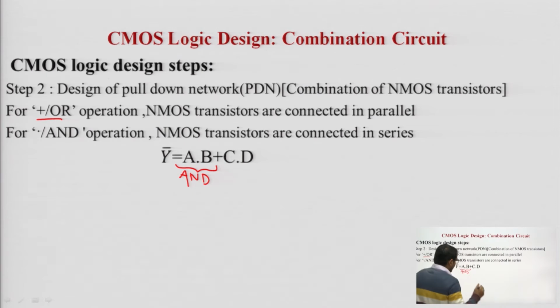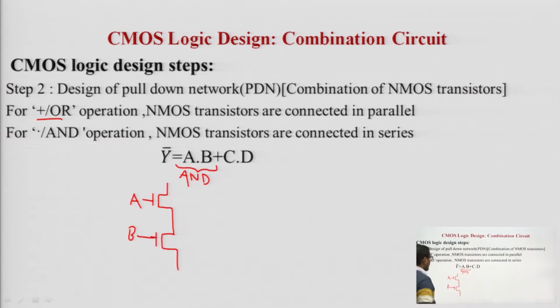For input A, we take an NMOS transistor, and both are connected with the dot operation or AND operation. So for dot operation, or AND operation, NMOS are connected in series. A and B are connected in series. This is the symbol of NMOS.